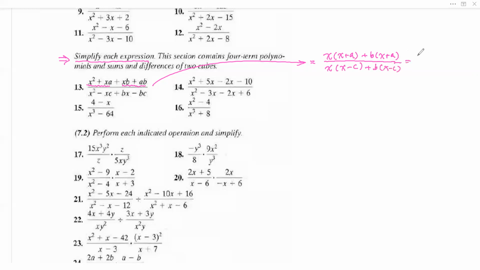So you continue to bring the common factor out, right? And the bottom, what's the bottom part? x minus c and x plus b. So you can see x plus b is the common factor. After simplifying, you can get this part, right?